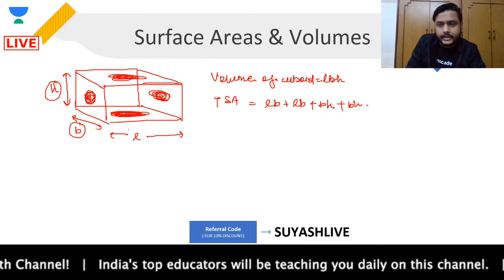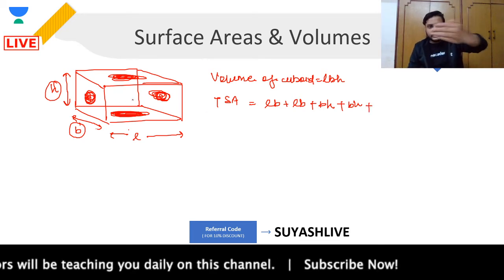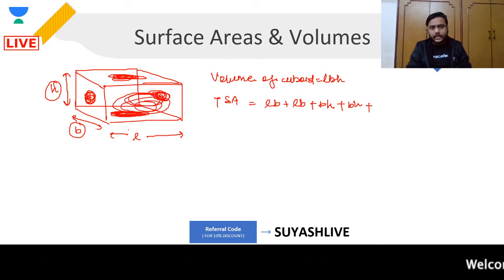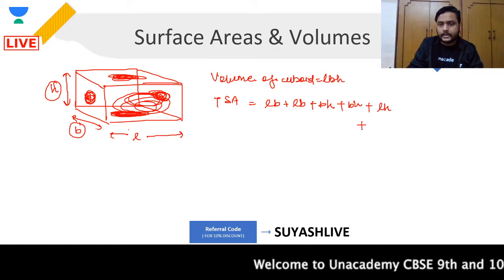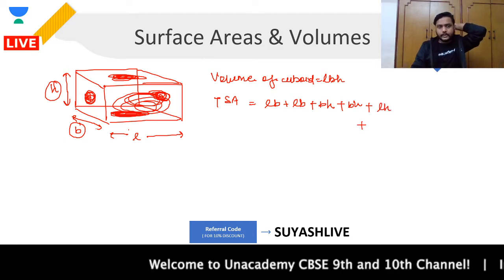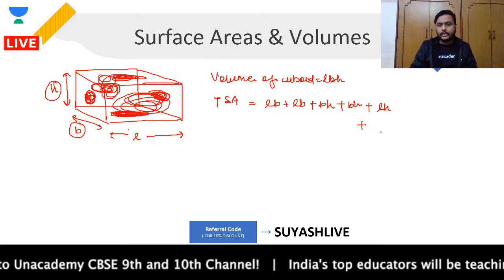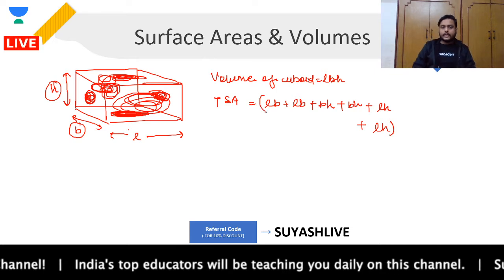And now if I simply add the area of my front face, the whole front face that you can see, the area of this face is nothing but L into H, plus the area of the back face, the one right behind it, that will again be L into H. Are you clear with this or not, guys? Got the point?